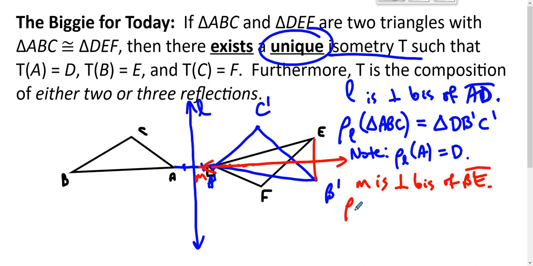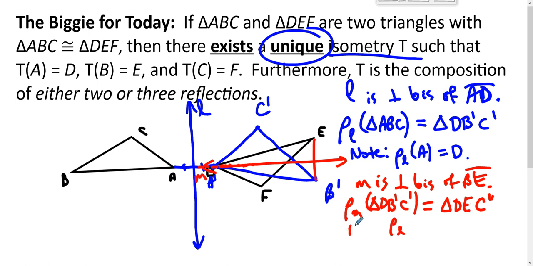We reflect triangle D B prime C prime over line M. Now D is on this perpendicular bisector, so we're still there. B prime goes to E and C prime goes to C double prime, right? For the same reason that A prime is D, B prime goes to E here.